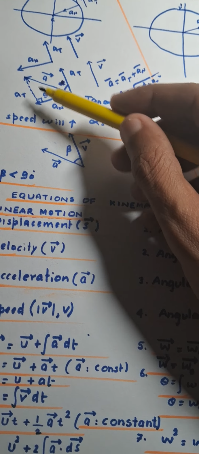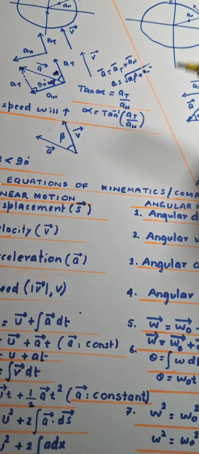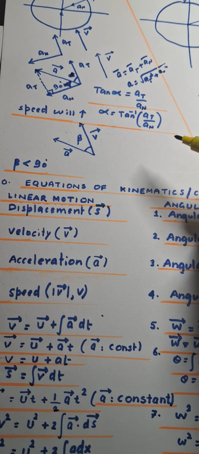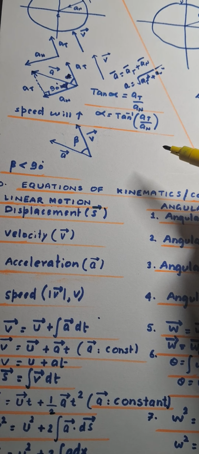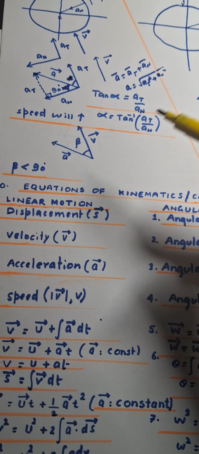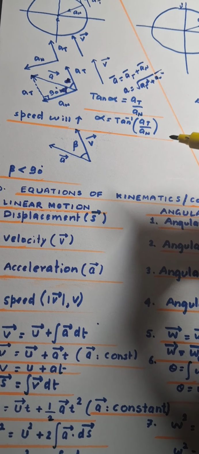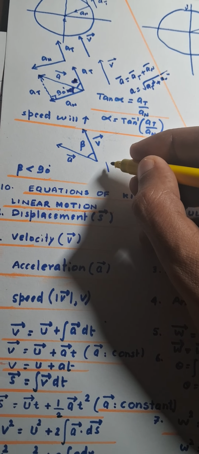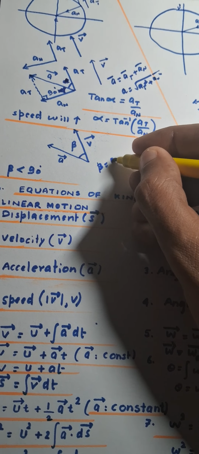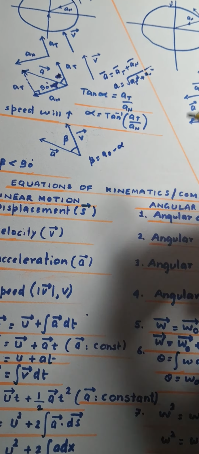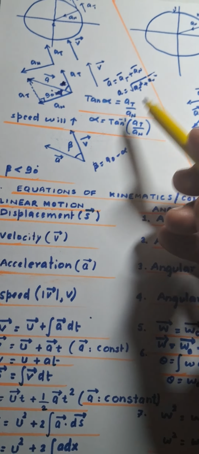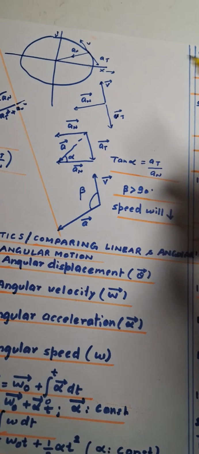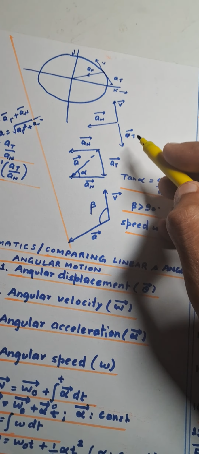So as we can see from the graph, tan alpha will be At by An. So in this case speed will increase, and obviously the angle between velocity and total acceleration here will be beta, and we can say that beta will be 90 minus alpha, and beta here is less than 90 degrees.